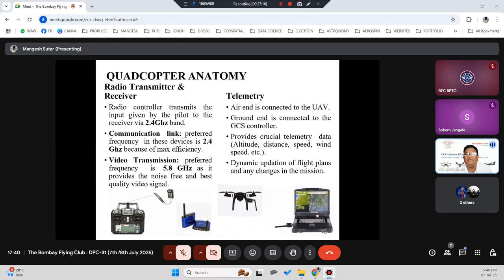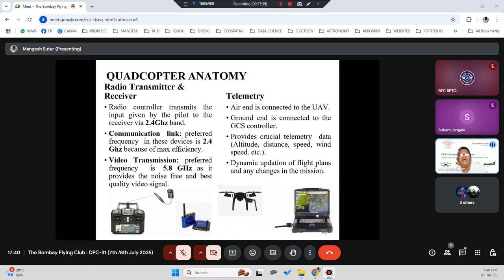So all your telemetry devices are configured to use 2.4 gigahertz. Similarly, for video transmission, your FPVs and your GCS, whatever images or videos you see on this, it operates on 5.8 gigahertz because that is the frequency on which it gives noise-free and best quality video signal.